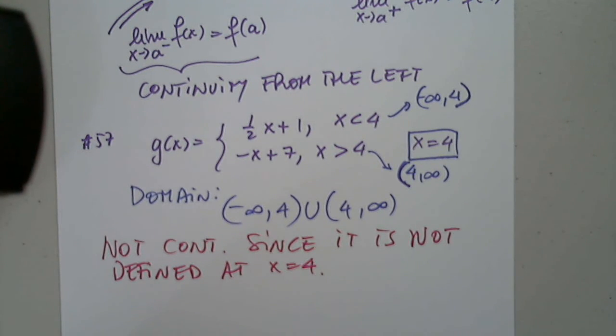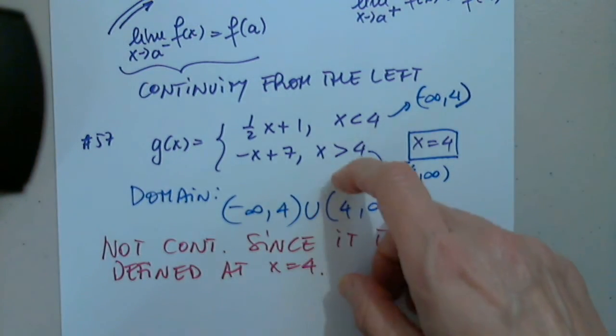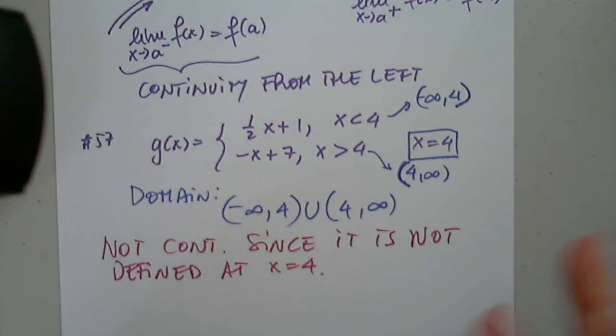Even if these two limits are the same, I don't care. Nobody cares. What we care right now is the fact that it's not in the domain. If it's not in the domain, even if the limits are the same, it's a removable discontinuity, but it's still a discontinuous function.